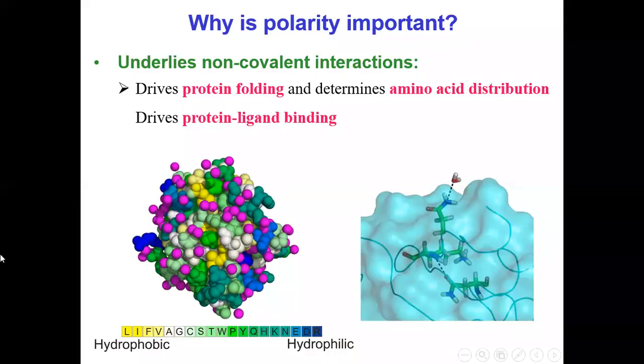So why is polarity so important that we use it to classify amino acids? There are two reasons for that. The first one is that it underlies the non-covalent interactions which drive protein chains to fold into three-dimensional structures and allow them to interact or to bind their ligands.